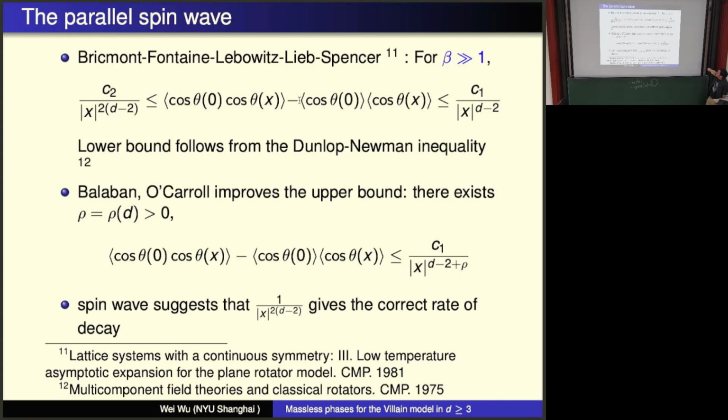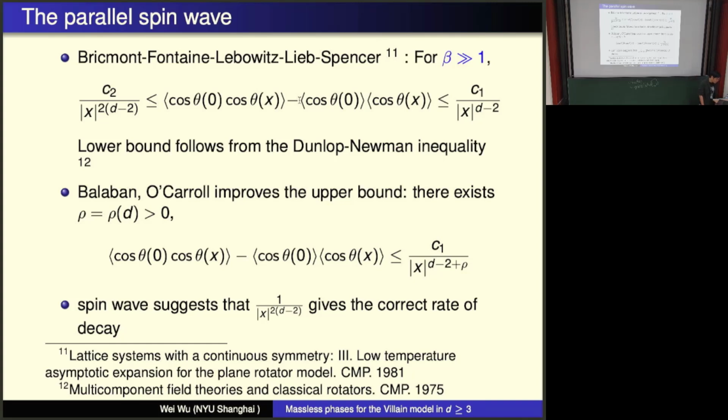And in the work of Balaban and O'Carroll, they have a different argument using the renormalization group, and they can improve the upper bound a little bit to 1 over x to the d minus 2 plus a small constant.